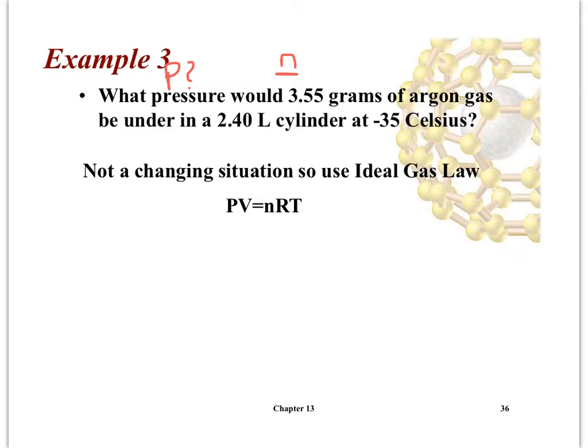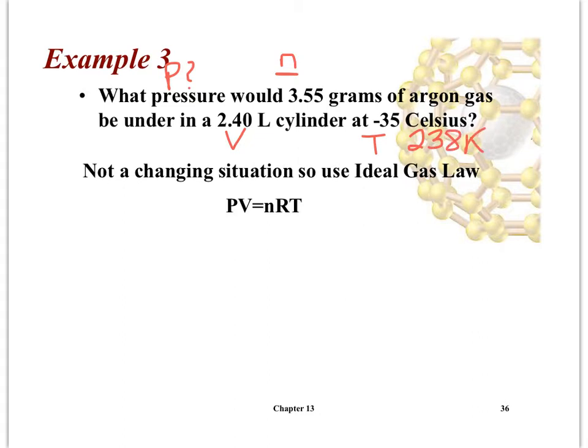This is grams, and so I have to convert that to get to my amount, my moles. Of argon gas under 2.40 liters, so that's a volume. And negative 35 Celsius, that is a temperature. However, whenever I see Celsius temperature, I always convert it to Kelvin when it's talking about gases. So negative 35 Celsius would be 238 Kelvin.